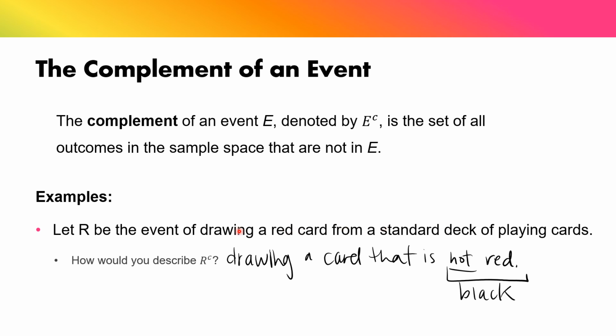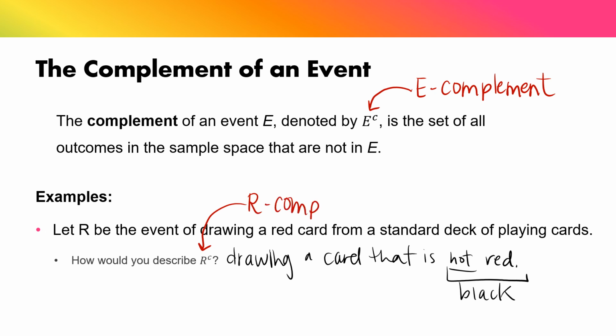Again, just notation. If we're reading this out loud, I would call that E complement, or in our example, R with the little c in the exponent, R complement. You can think of it as the opposite of R. The opposite of drawing a red card is drawing a black card.